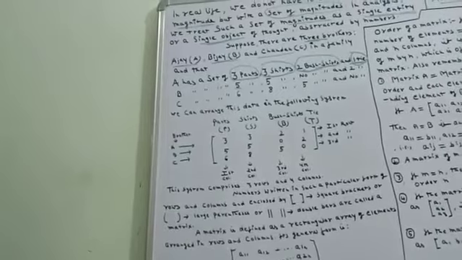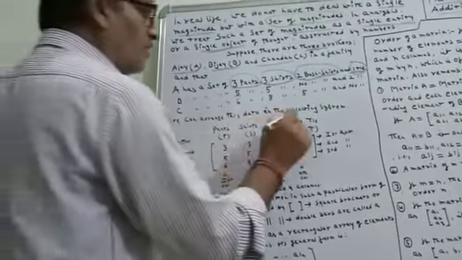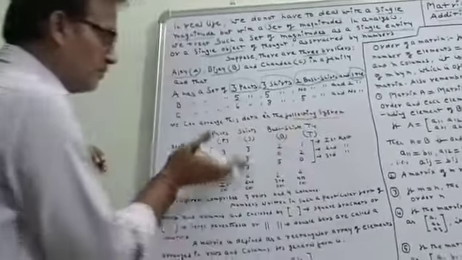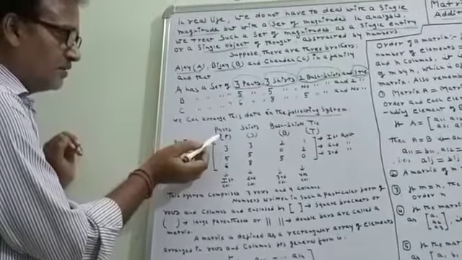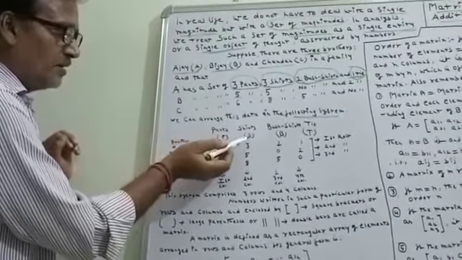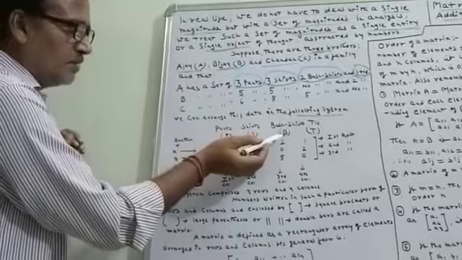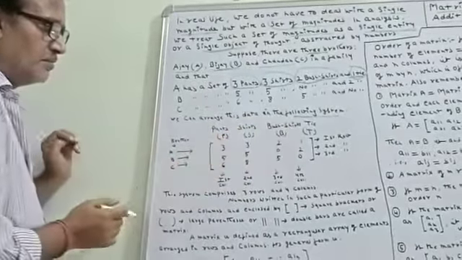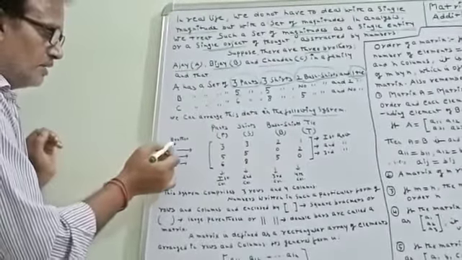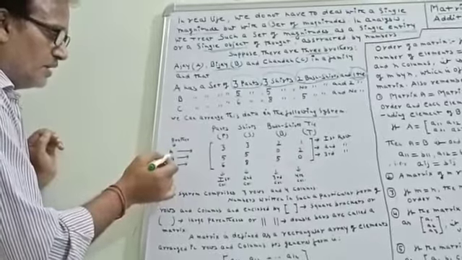Now we can arrange this data in the following system: pants P, shirts S, bushirts B, tie T. Brothers here A, B, C, Ajay, Vijay, Chandan.